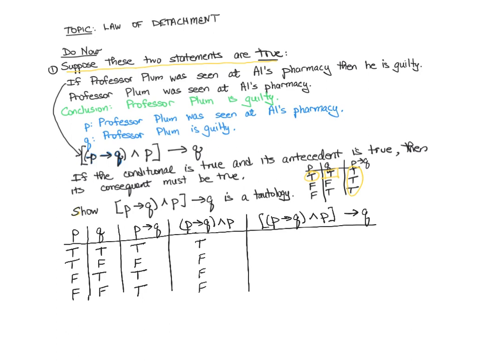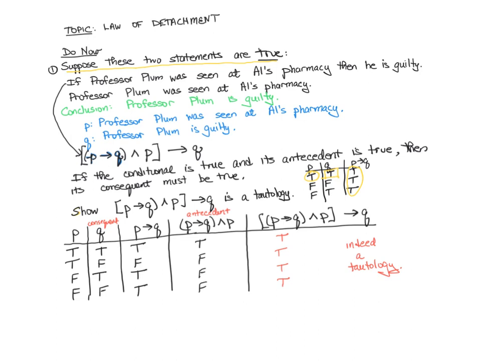Now when this becomes the antecedent, and we combine it with the consequent, so it's if the antecedent then the consequent, we have if true then true is true, if false then false is true, if false then true is true, and if false then false is true as well. This is indeed a tautology. So now we have proven this law of detachment.